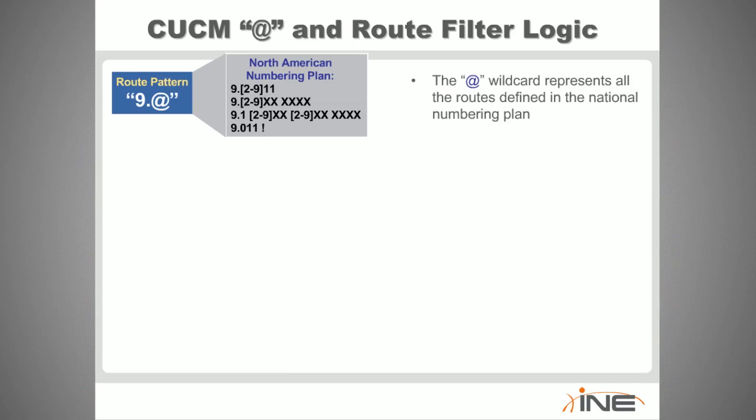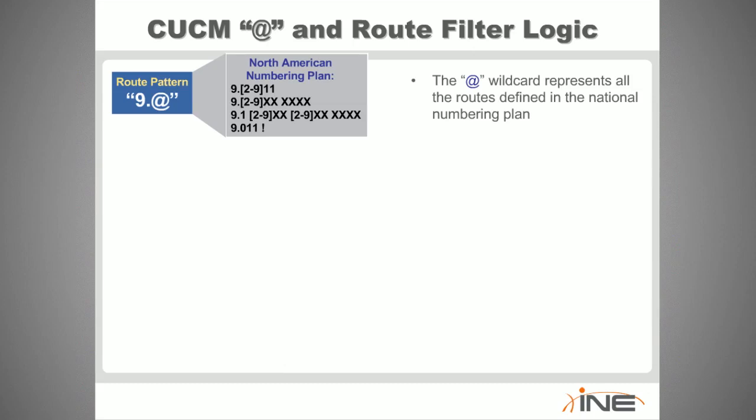If we look at most of the EU, they dial typically with 0 as a PSTN access code. Actually, save the UK. The UK typically uses 9 as well as a PBX PSTN access code. But 9 being our PBX PSTN access code, 9 dot is so that we can have a delimiter to strip pre-dot, and then the @ symbol calls into effect all of the North American numbering plan.